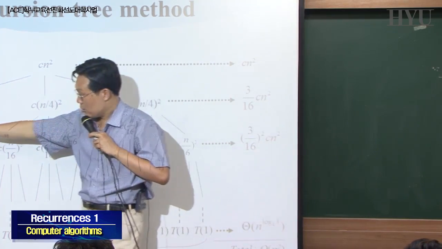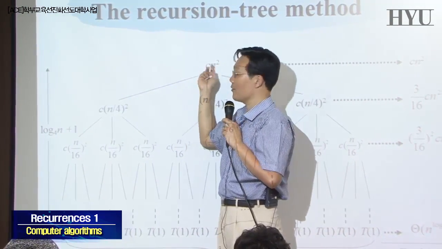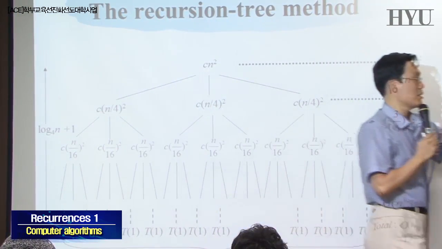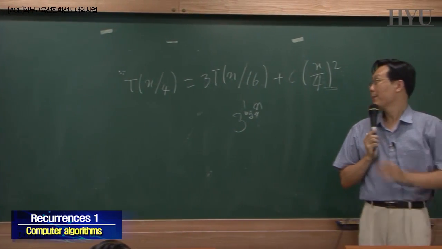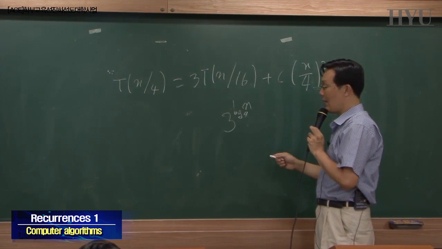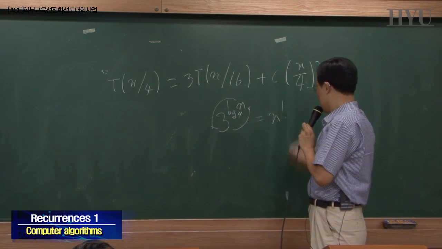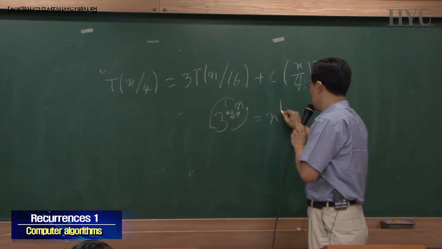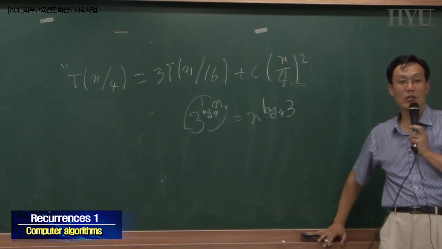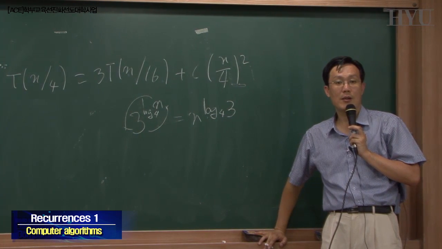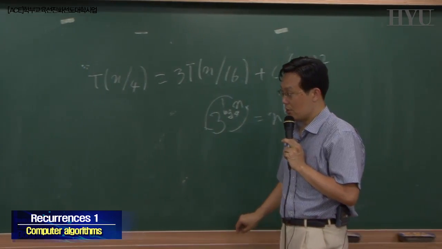So we remove the 1 because we start from here. So it is 3 to the log n base 4. And the property of the logarithm tells us it's n to the log 3 base 4. Okay? So it's this.